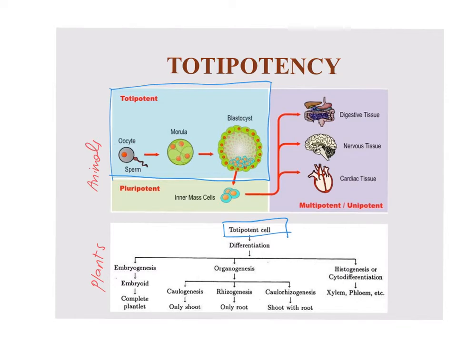Immediately after blastocyst formation in humans and original cell differentiation in plants, the stem cells start to lose some of their potency, so they become pluripotent, and we'll look at what that means, and then they become multipotent or unipotent. If you haven't heard about those before, we will take a look at those in a second. So totipotency is only at the very beginning of development.